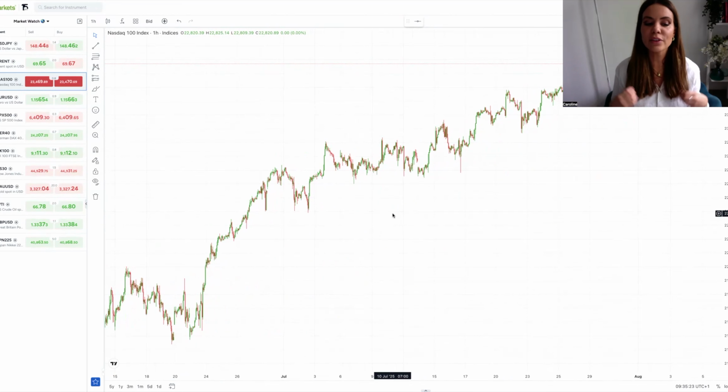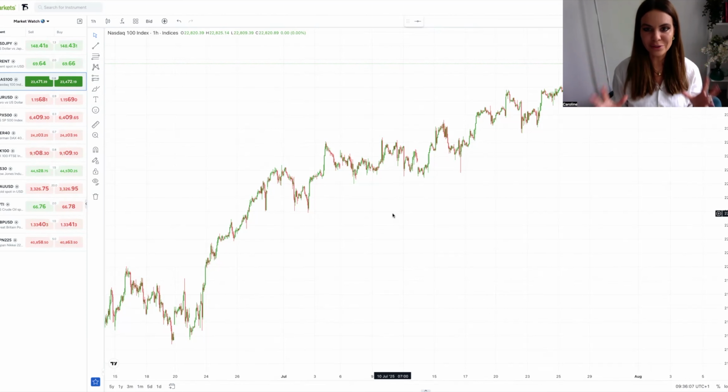This is particularly for the markets that I trade, and you're going to notice that every market's different and it's different on different time frames. So it's always worth having a little bit of a play around the market that you trade, the different time frames, and just seeing what makes sense for you. But for the markets that I trade on the 1 hour, I can see the trend in a different way that I can't see it on the day chart, and I can't see it on the 1 minute.